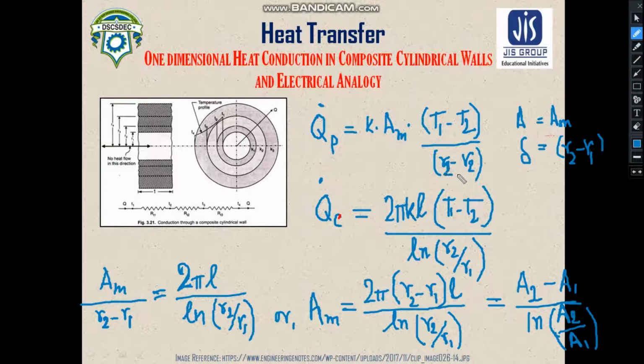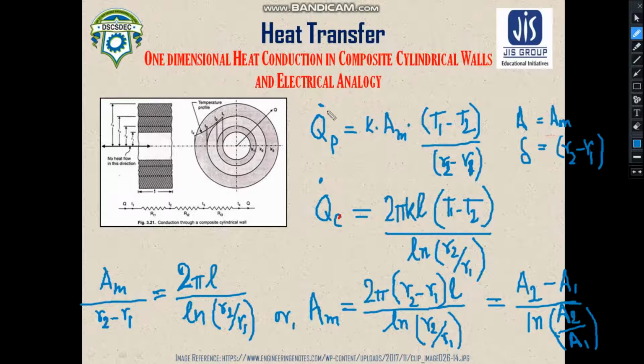My mistake here, as I have kept R1, so it will be R2 minus R1. So here you can see I have written the formula of heat transfer for a plane wall which has a thickness of R2 minus R1 and a mean area of AM.